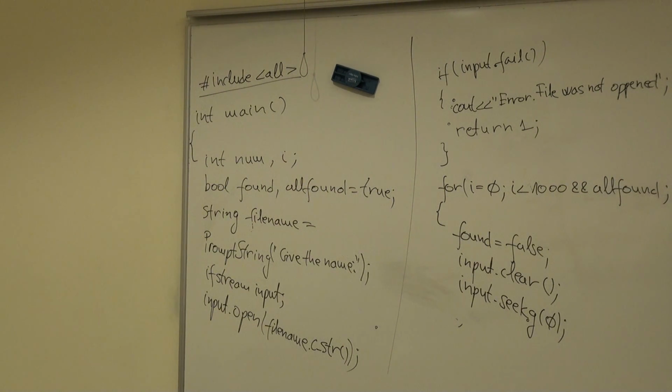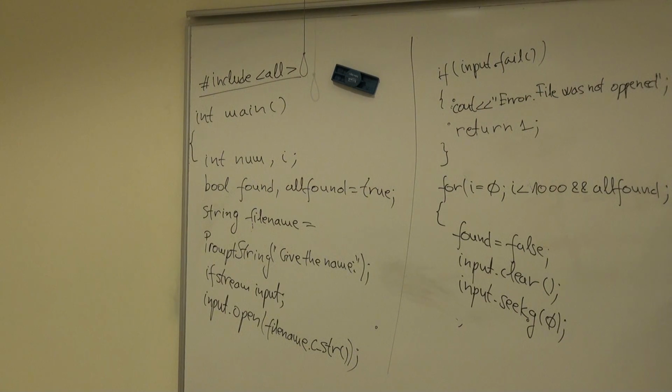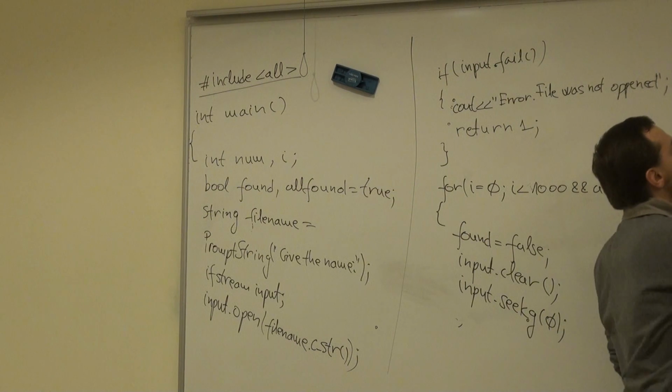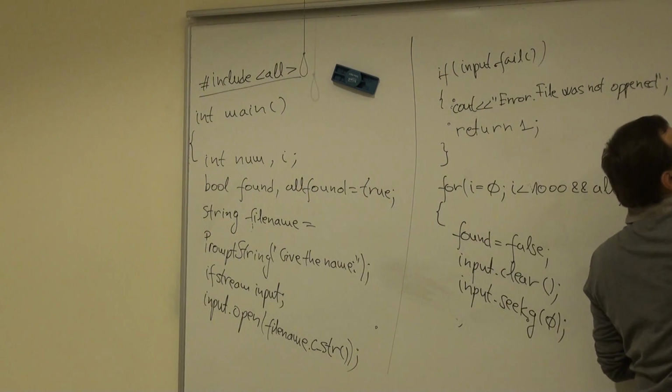With this clause, input, I take an input and I put it to a number. This input stream operator returns true if this operation was successful. If it's not successful, it returns false, okay? So while I can take more data and I have not found what I'm looking for, continue this one. Take it.